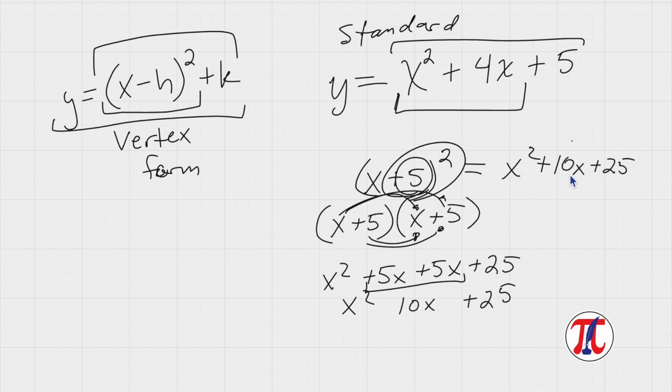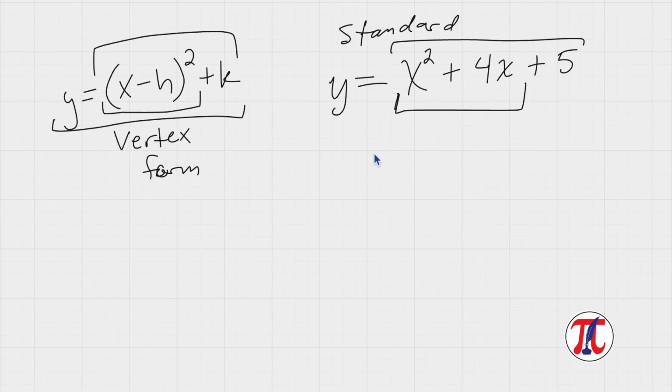In other words, this b value here, whether it's positive or negative, is exactly twice that. Now, if I'm going back the other way, I need to take half of that to know what goes into that parentheses. So now that we've seen that, now I can put this into vertex form. I'm just going to look at these first two terms because half of 4 is 2 and 2 squared is not 5, right?